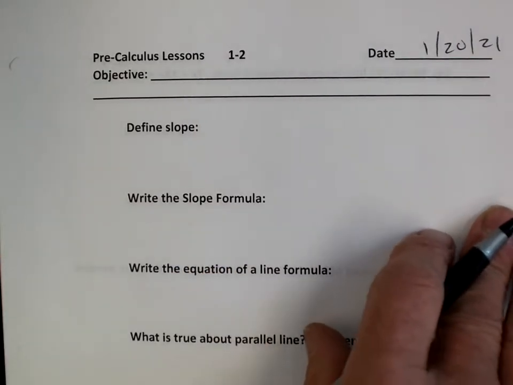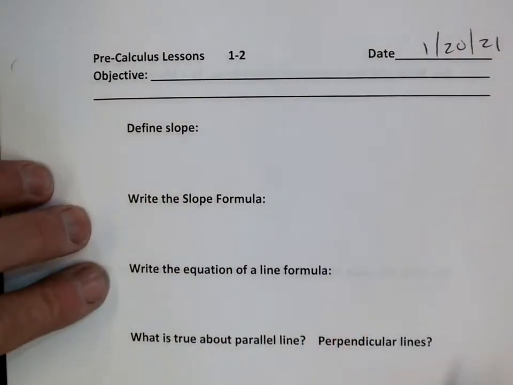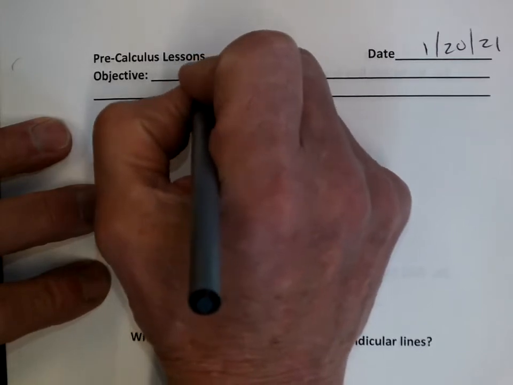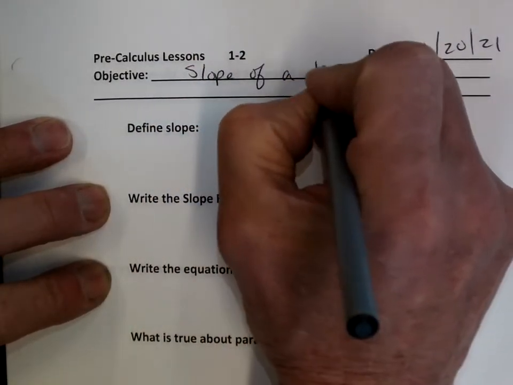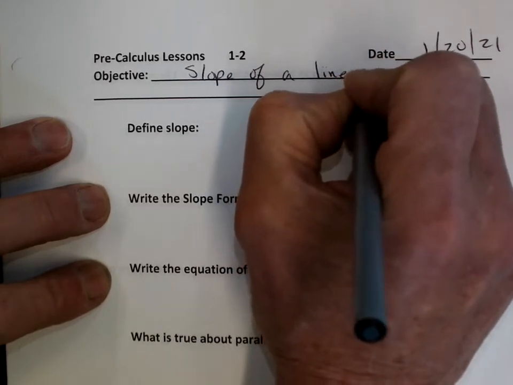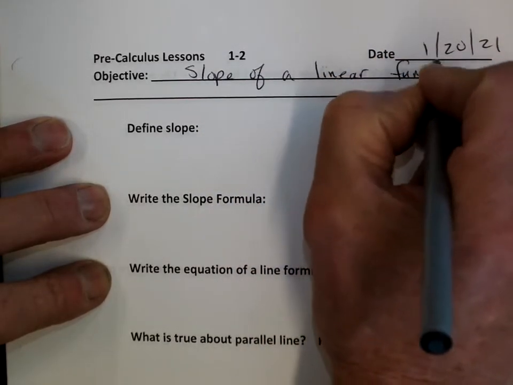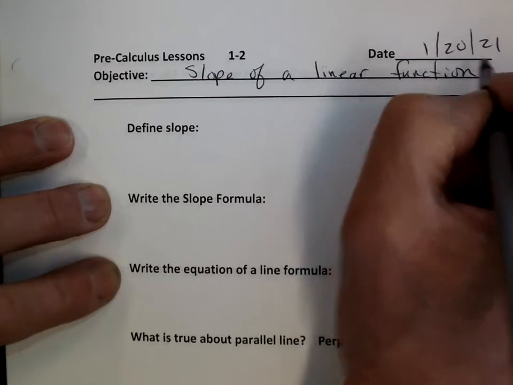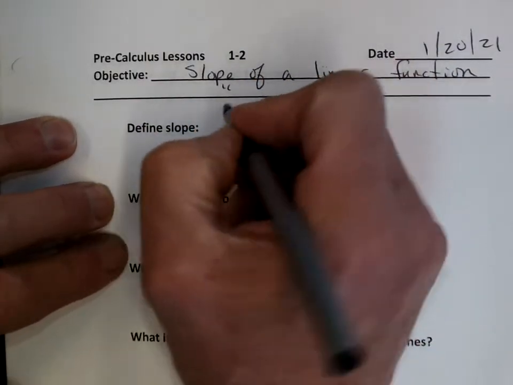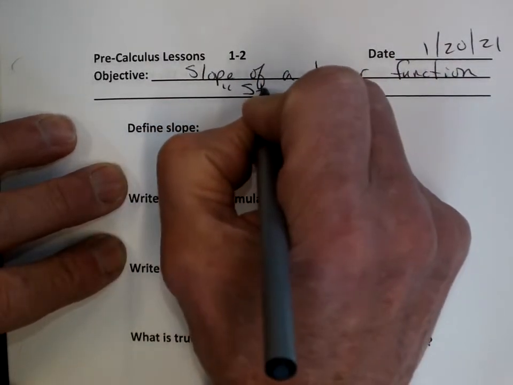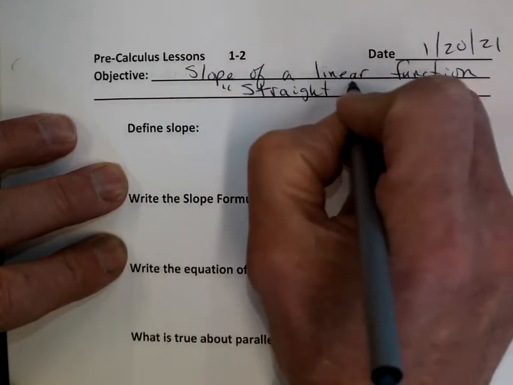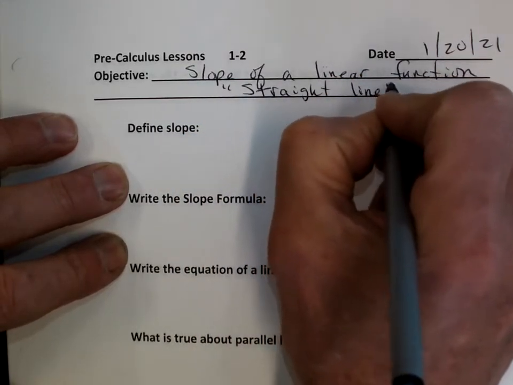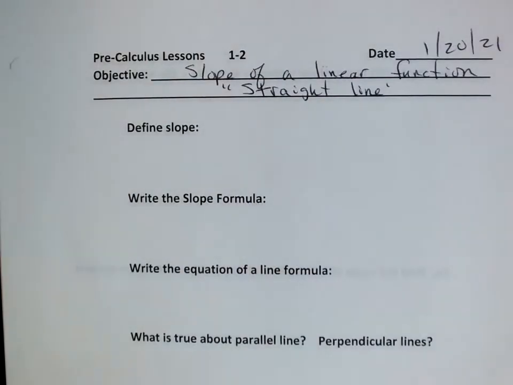Right? Okay, define slope. So for today, what we're going to talk about is slope of a linear function. And the term linear for us means straight line. So whenever you see the word linear, it just means straight, okay?